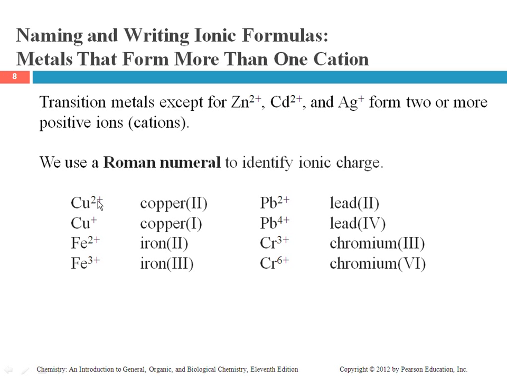So if we have copper 2+, we put a 2 in Roman numerals outside of the name copper. We look down here, we've got lead 4+, so we put the charge in the Roman numeral here. So we have lead 4. Same here, chromium 6. We put chromium and then 6 for its ionic charge.